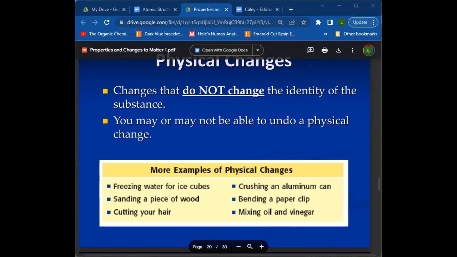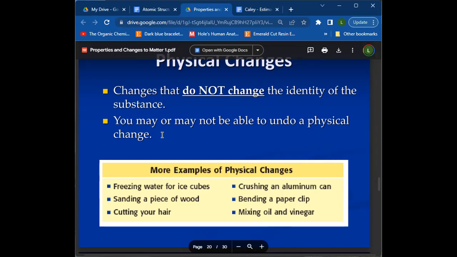If we mix oil and vinegar, that's actually still an example of a physical change because nothing new is chemically created at all.